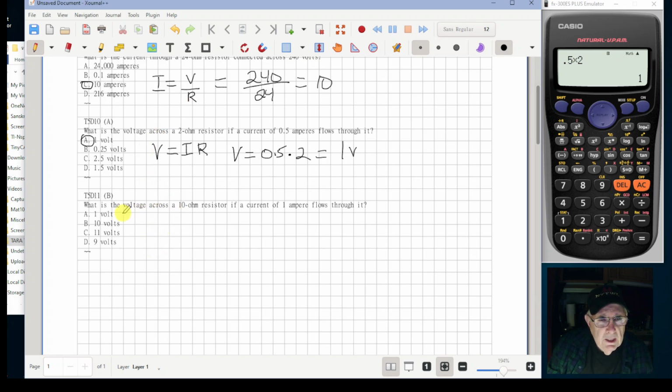And it's always a good idea to read any question a couple of times. Make sure you understand what they're asking for. So what is the voltage across a 10 ohm resistor if a current of 1 amp flows through it? Okay, so again, we don't know what the voltage is, so that's going to be voltage then is equal to the current times the resistance.